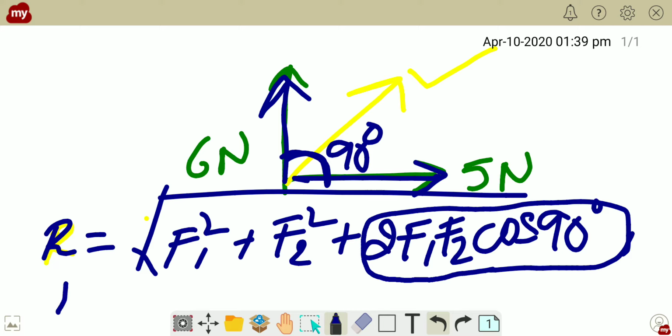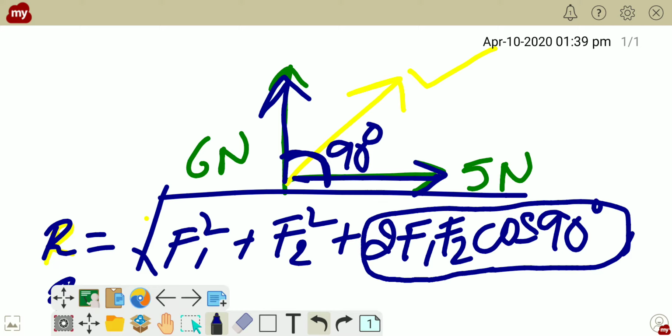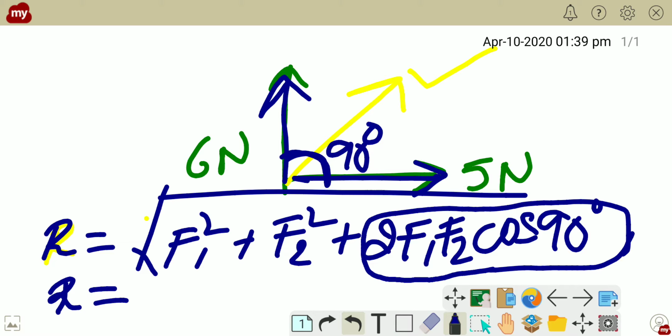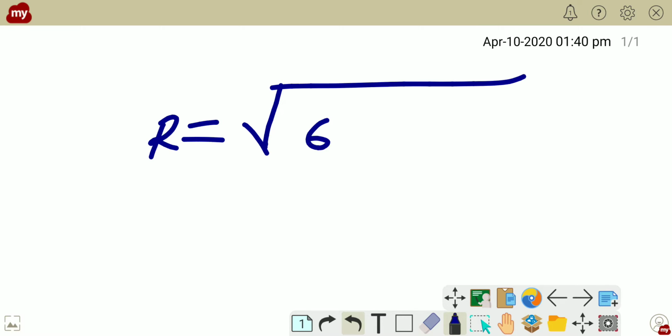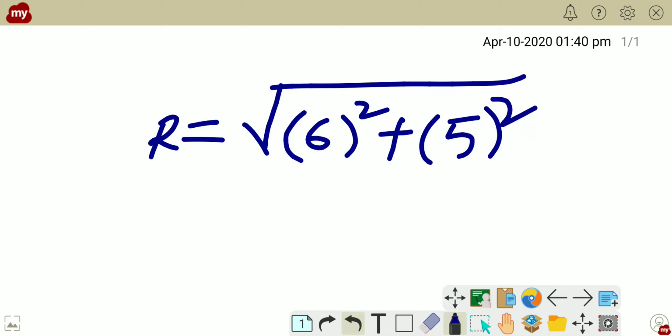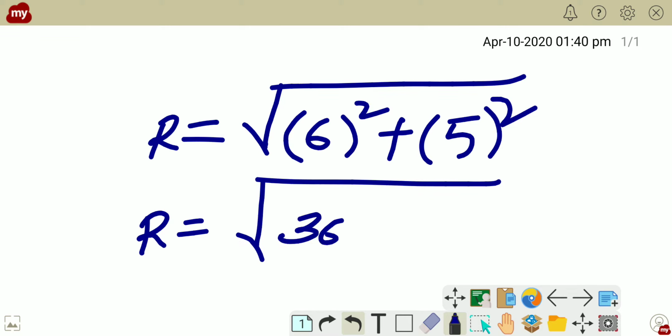And the resultant comes out to be R equals root over f1 square plus f2 square. That's it. So R equals root over 6 square plus 5 square, where 6 square is 36 and 5 square is 25.